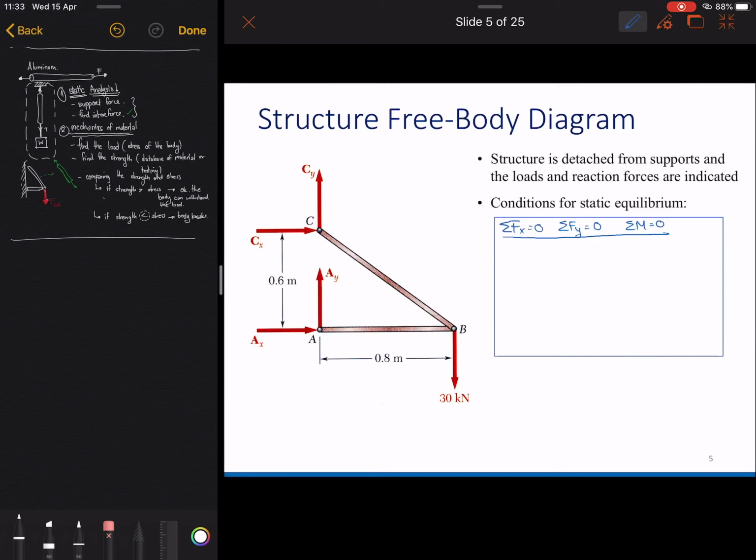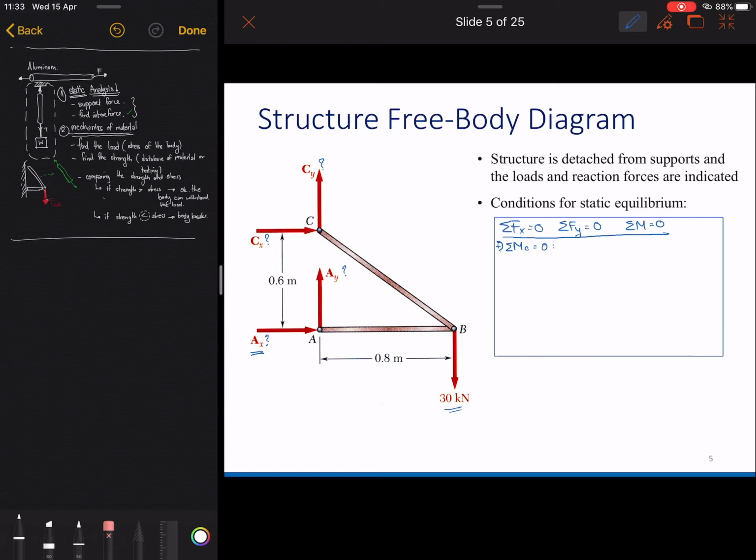So you know already that here is unknown, here unknown, here unknown, and here unknown. What should we do? So I propose we start with the point C. So we have sigma MC equal to 0. And then what do we have here? We have only this Ax, and we have this as a moment on that point, right? And I will write also the directions. We have this as a plus.